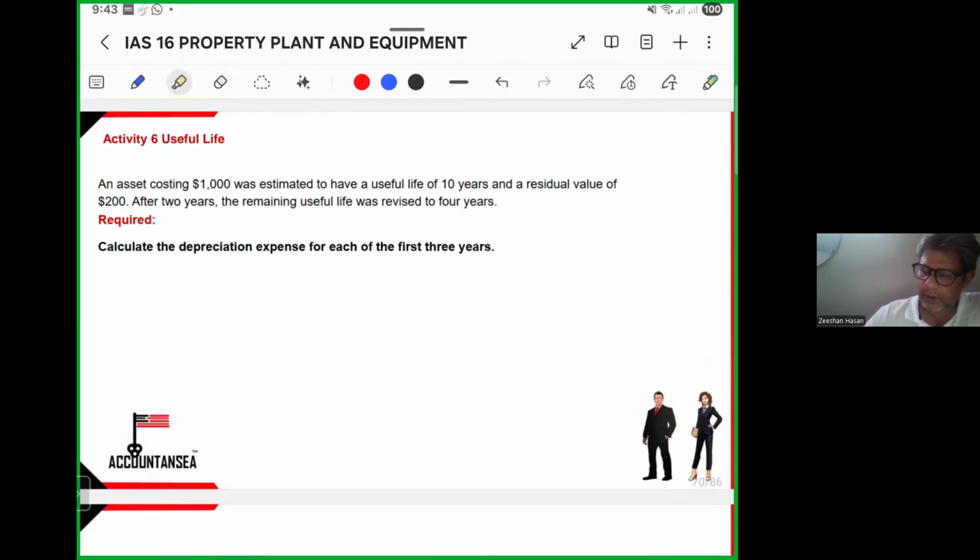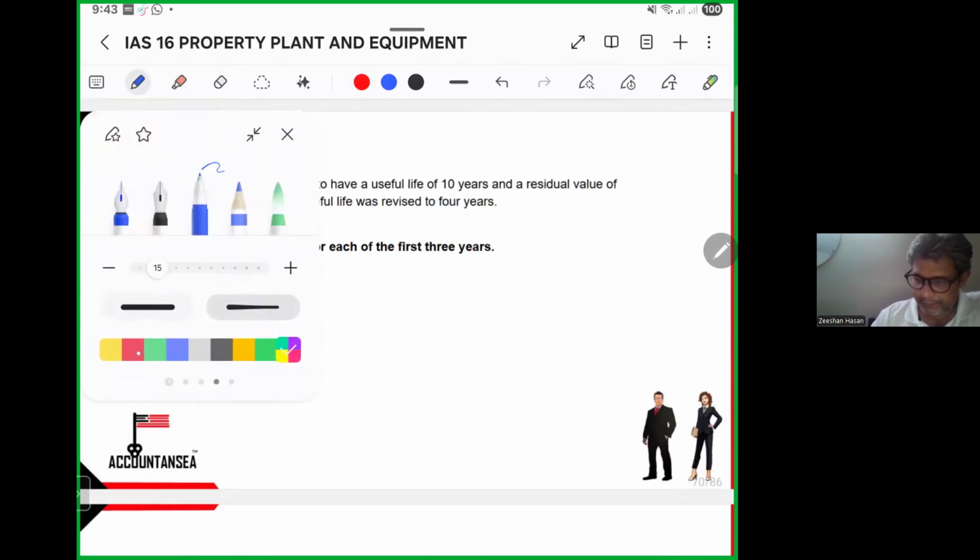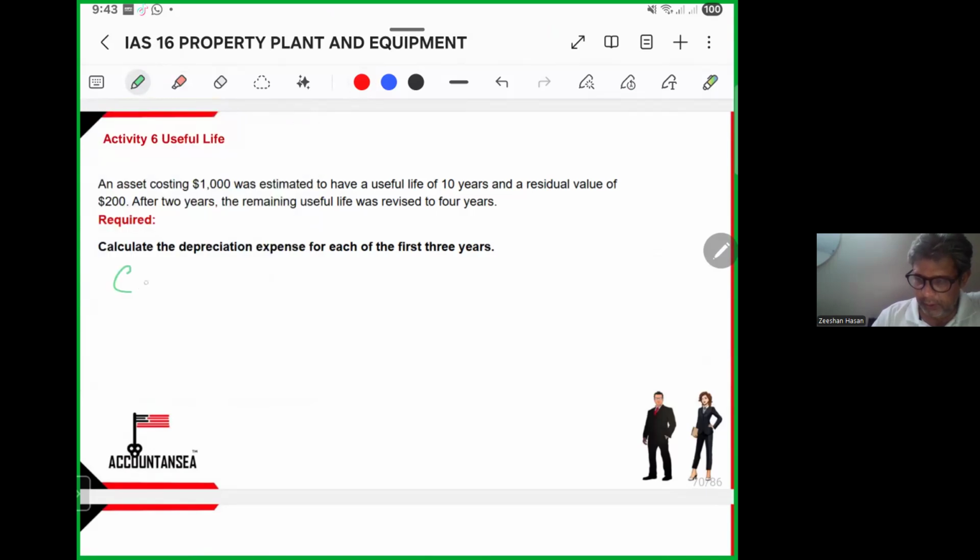So very simple. Cost: year one, year two, year three. Cost 1000, 1000, and 1000.